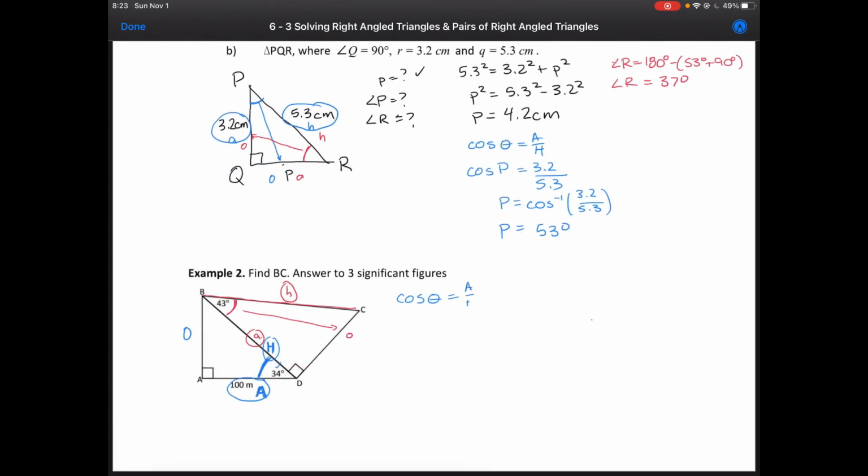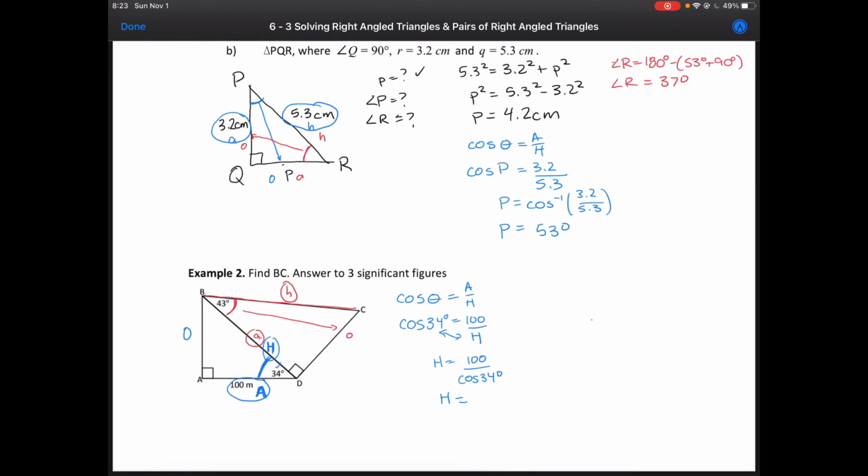Here I'm going to use my cosine ratio, starting off by writing it out in general, and then substituting in what I know. So cos 34 is going to be my adjacent over my hypotenuse, which is the adjacent side in my second triangle. Switching the cos 34 in my denominator is going to allow me to solve for the hypotenuse.